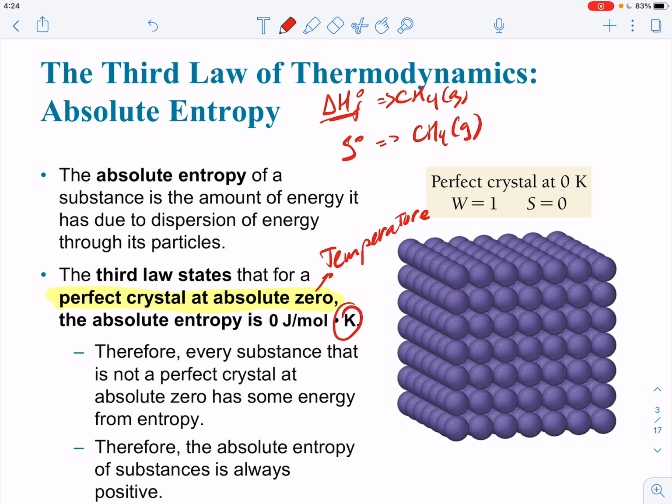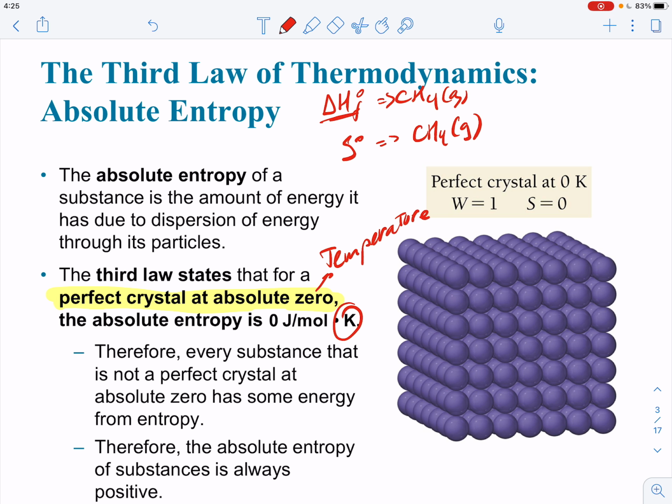But we are talking here about pure perfection, a perfect crystal. And you might imagine how frequently that happens, right? That's a very rare situation, a perfect crystal at 0 Kelvin.